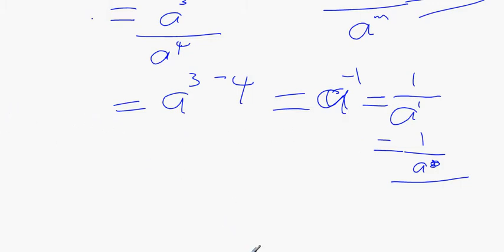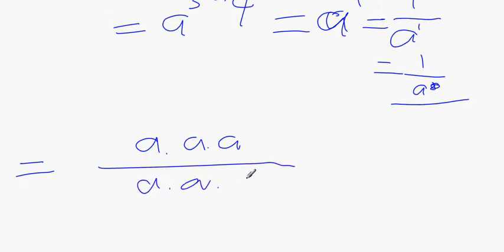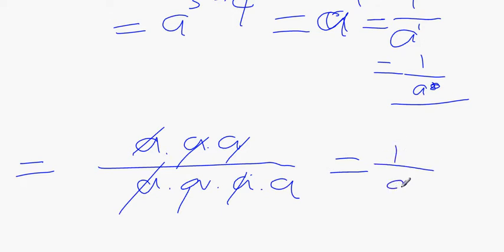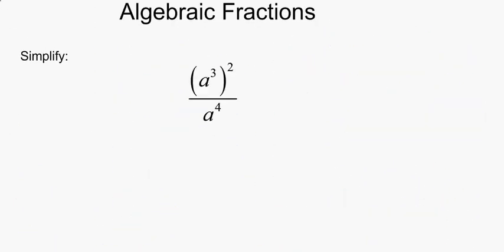Another way of looking at this problem would be to say a cubed is a times a times a, over a to the power of 4, which is a times a times a times a. So we just cancel, and what's left on top? 1 over a. So that would be another way of looking at it. Again, these are very simple, easy examples.